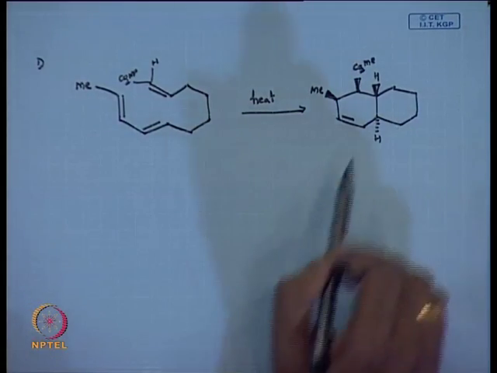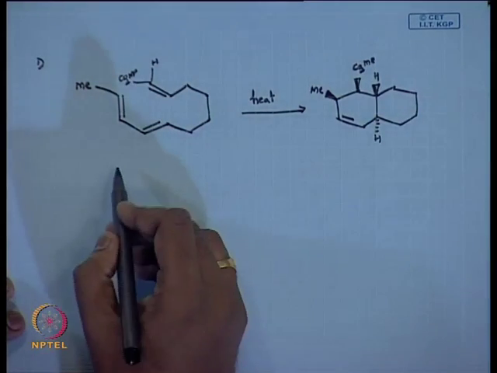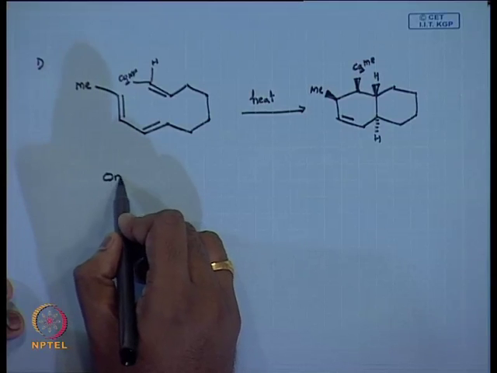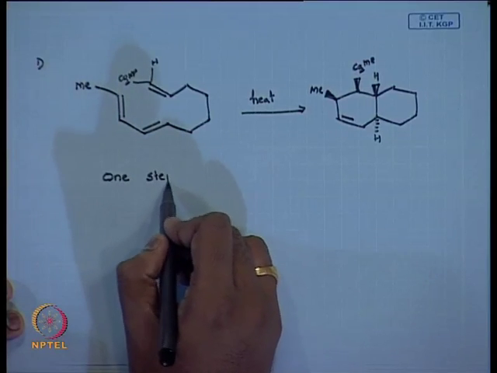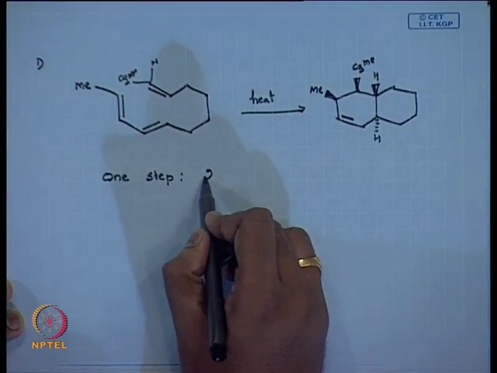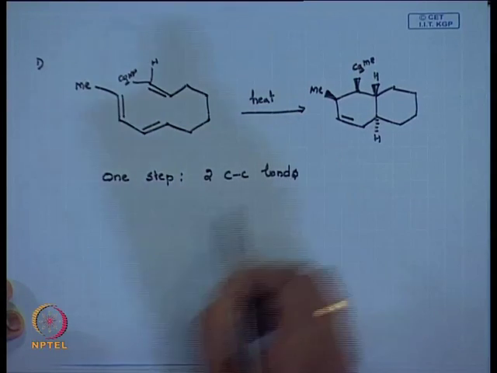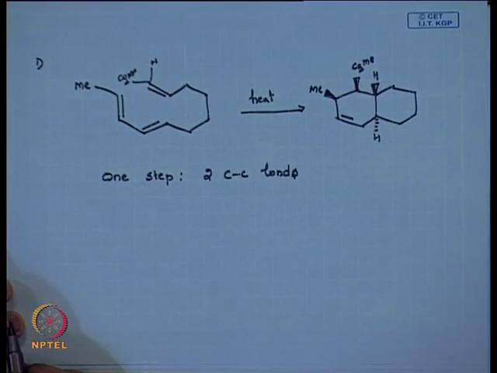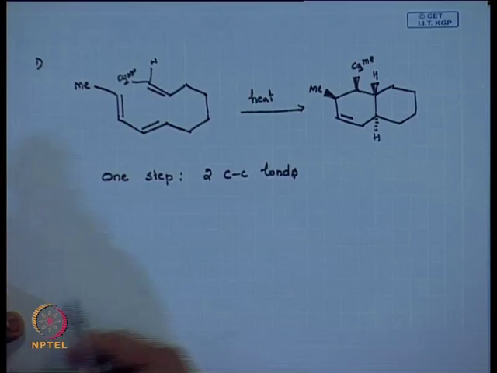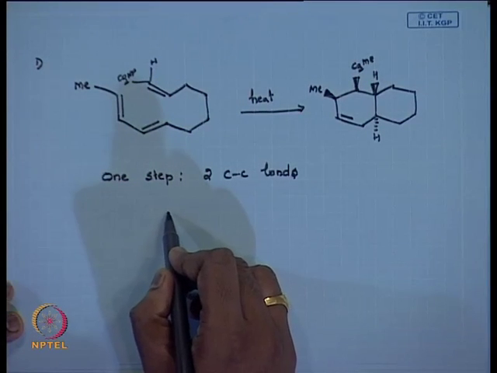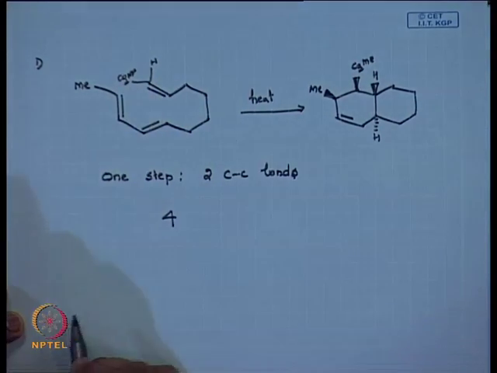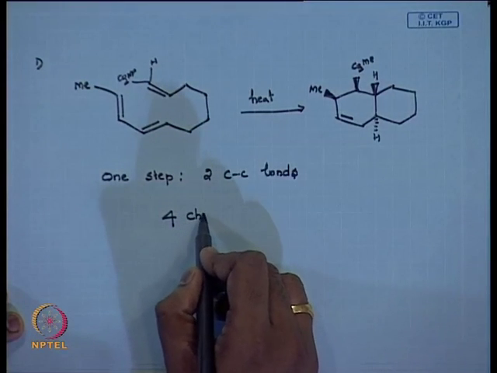Now, we have 4 chiral centers. So, this reaction is a very nice one-step reaction where you are making 2 CC bonds, and you are ending up with the 4 chiral centers.